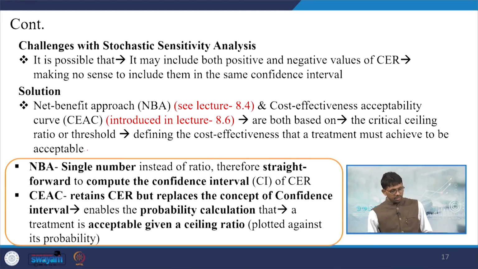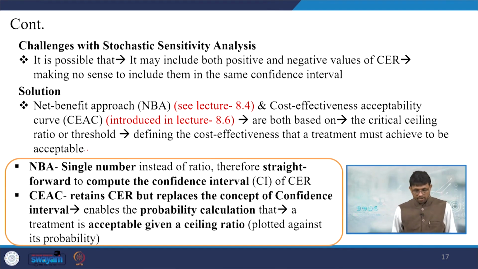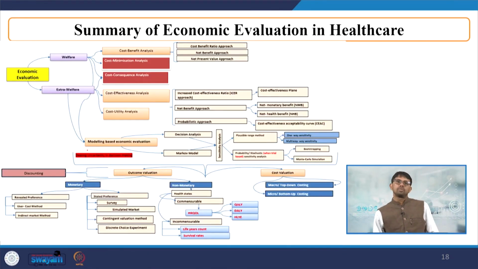The NBA in short gives a single number instead of a ratio, therefore it is straightforward to compute the confidence interval. Whereas the CEAC retains the CER but replaces the concept of confidence interval. This enables the probability calculation that a treatment is acceptable given a ceiling ratio, which is plotted against its probability.